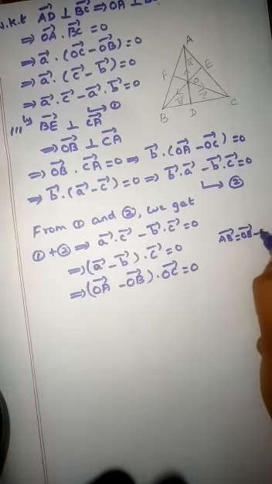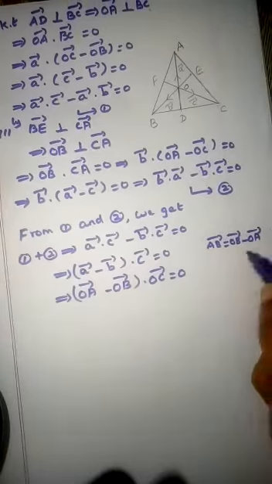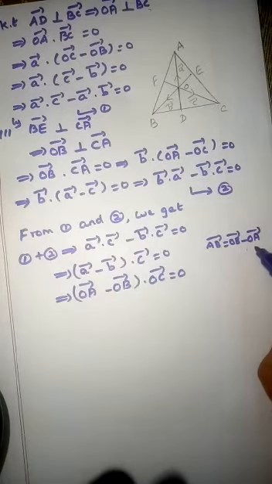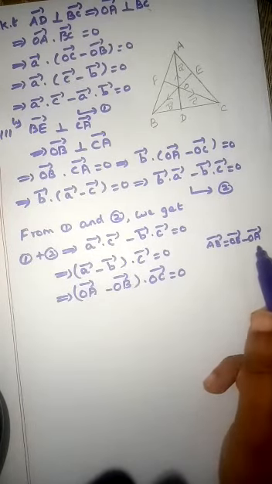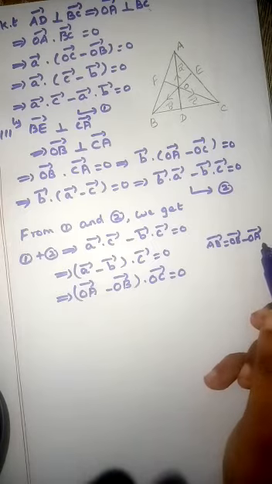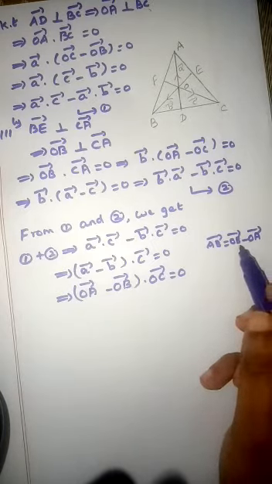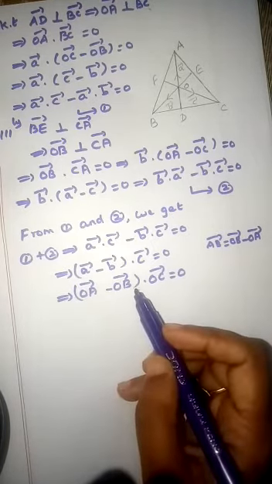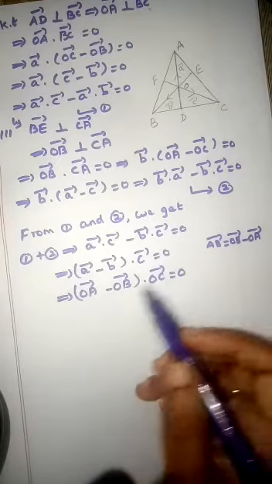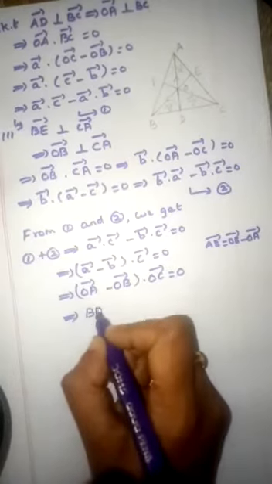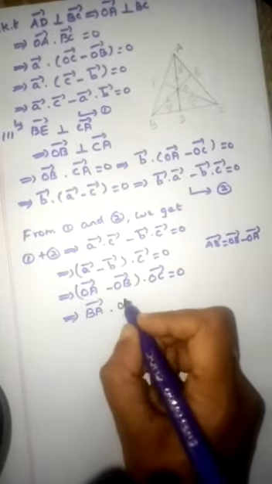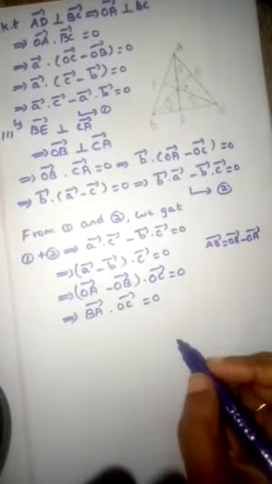OB vector minus OA vector, isn't it? The position vector of the second term minus the position vector of the first term. So here also, in the same way, we take the second term first. This is AB vector, isn't it? So here we'll get BA vector. A and B are interchanged here. So this value is BA vector dot OC vector is equal to 0.